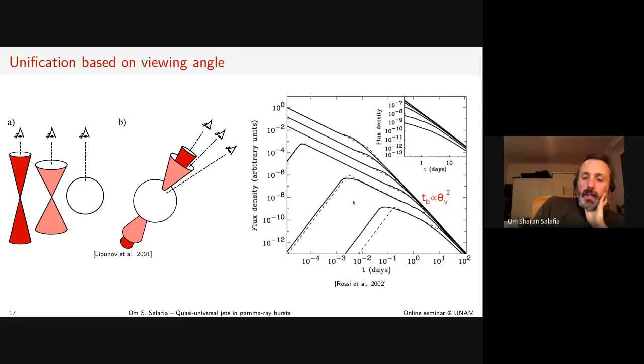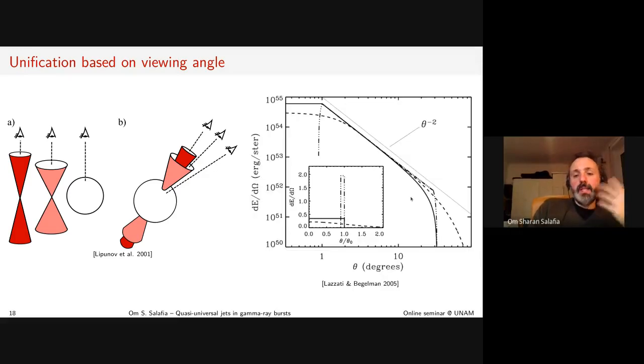And in this paper, Rossi and collaborators found out that the off-axis afterglow light curves of jets which have an angular distribution of energy which goes as the angle to the -2 produce breaks in the afterglows which look like jet breaks, which are the features that are used to measure the opening angle of the jet, with the same dependence on the viewing angle as it was the dependence on the opening angle in on-axis uniform jets.